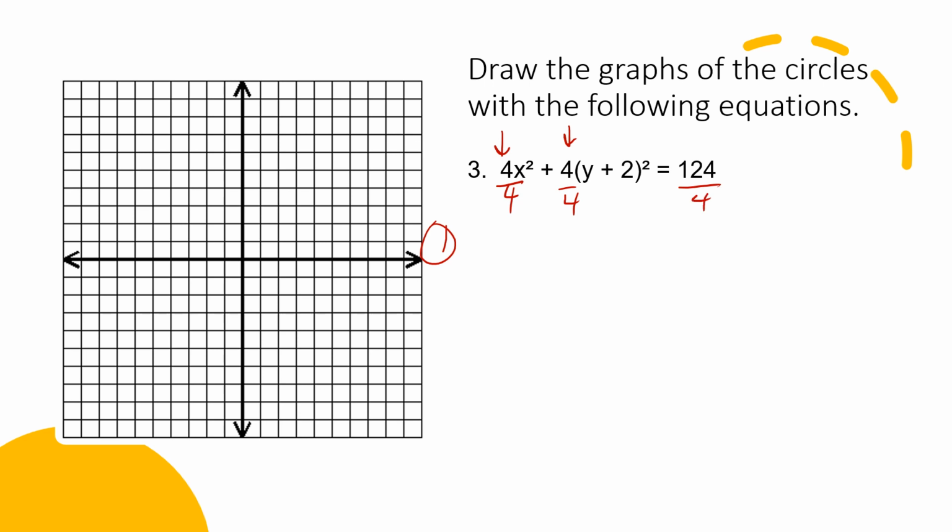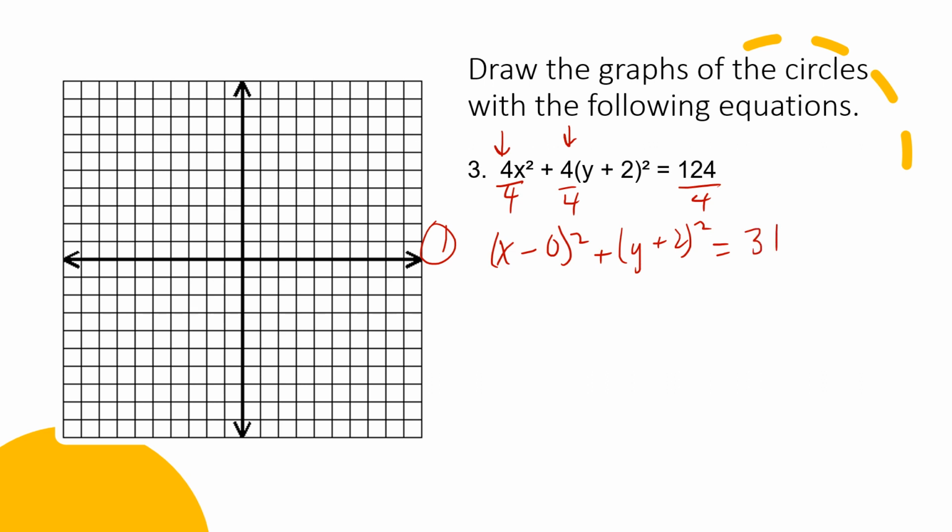And that's going to leave me with x squared. I'm going to write it in standard form for you. That's going to leave me with x minus 0 squared plus y plus 2 squared equals 31.